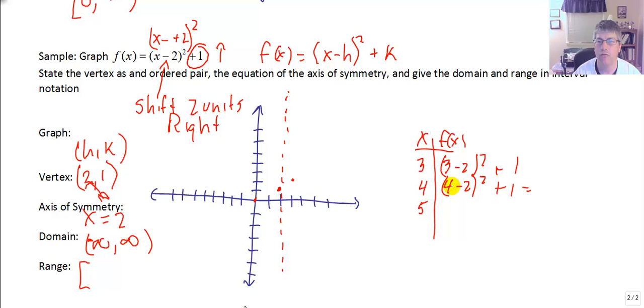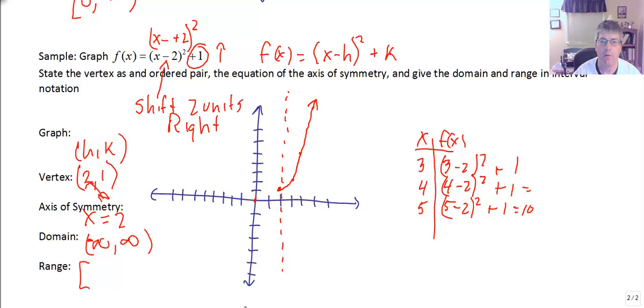That's 2 squared is 4 plus 1 is 5. I'm just 4 higher from my original. So I go up here to 5. And let me guess, when I input 5, it's 9 plus 1 is 10. So I'm going to be way up here at 10.